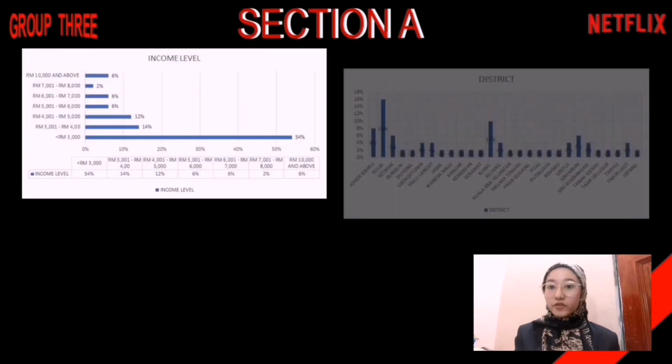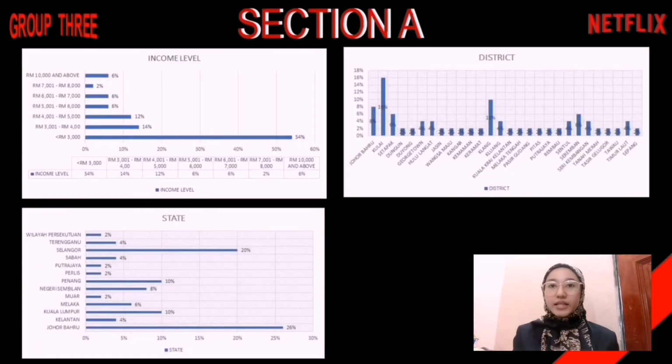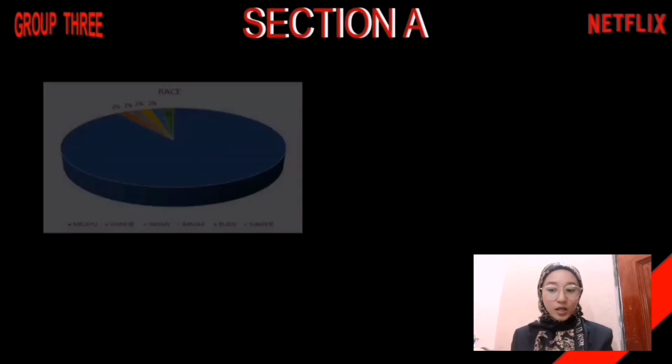Next is income level. The highest income level that our respondents answered is below 3,000. The majority of our respondents are from Hulu Langat, Klang and Johor Bahru. For the state, our respondents mostly come from Selangor and Johor.